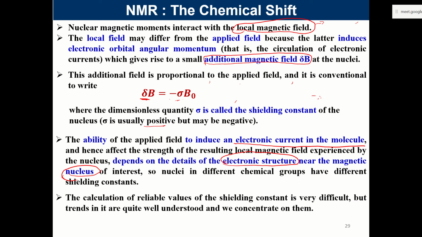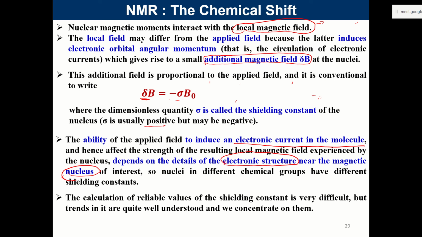Just like in a loop or a ring where the electrons move, in a similar manner you can expect something like that happening when the field is applied. At the center of the ring you have the nucleus, so there will be an effect.